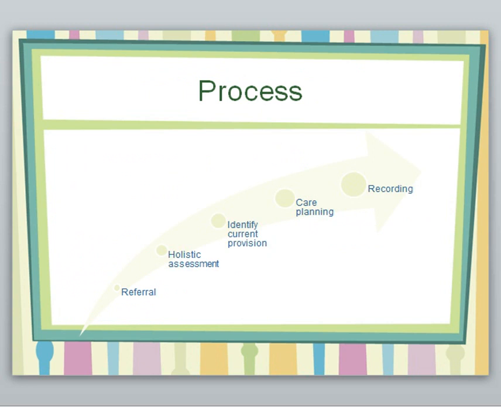So, the actual order of a care planning process starts with the referral. It then quickly moves on to the holistic assessment and identifying any current provision already in place. You then begin your care planning process, you record your care plan, then that will be communicated to the individual and then implemented.